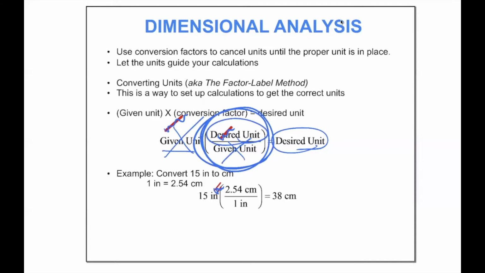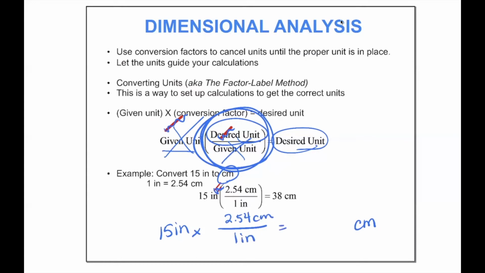For example, if we want to know how many centimeters are in 15 inches, we start with 15 inches and we put over here, we want centimeters, and we're going to figure out what is the conversion factor that we can use to get from inches to centimeters, and that is the equality that there is 2.54 centimeters in every 1 inch.